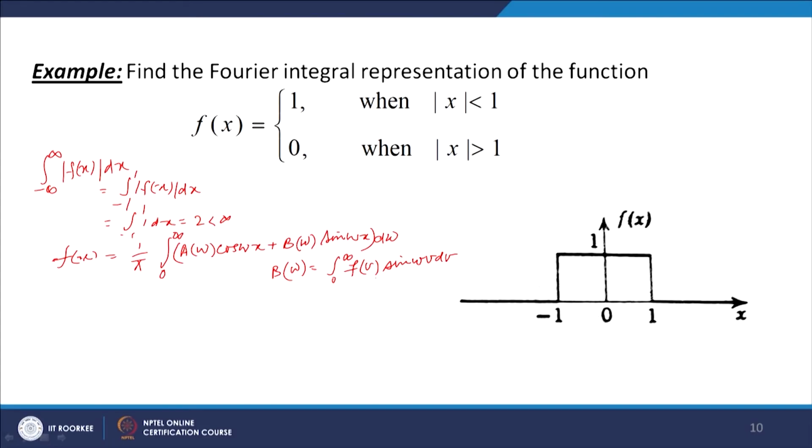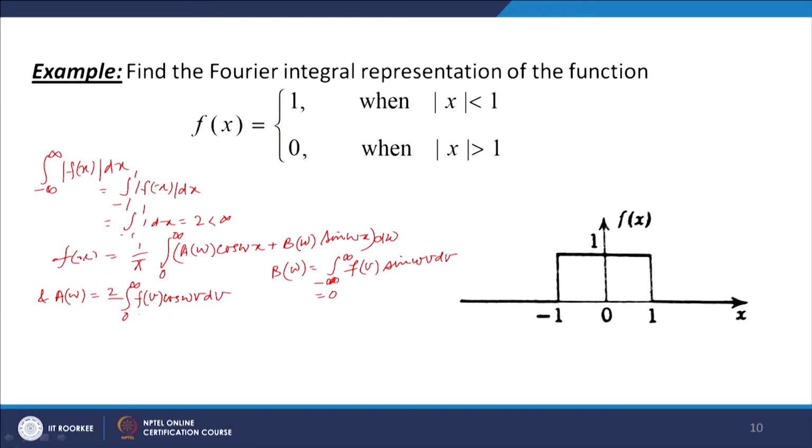So, the product of even and odd is odd, and therefore, this integral from minus infinity to infinity is equal to 0, and A(omega) becomes 2 times the integral from 0 to infinity of f(v) cos omega v dv.